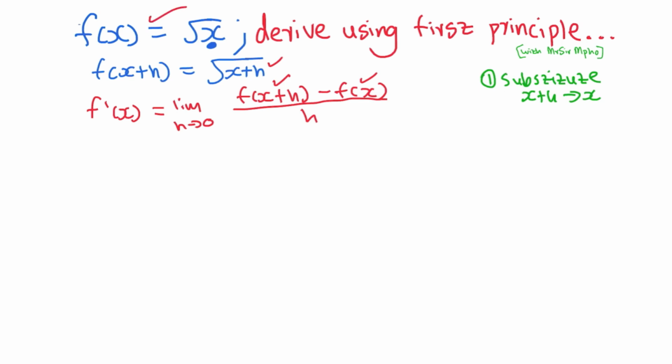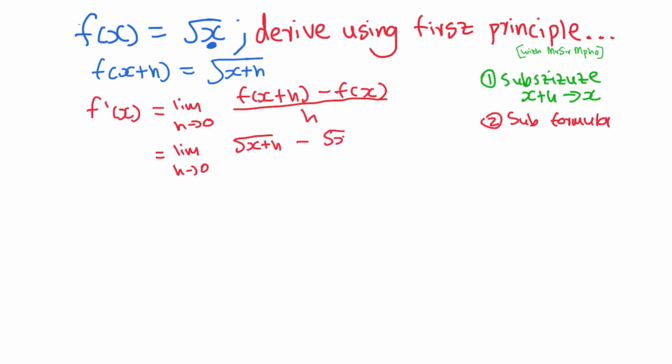I just have to substitute those again. So my second step is to substitute the formula. You're going to substitute both the equations into the formula. So I have the limit as h approaches 0. F of x plus h is what? Square root of x plus h minus square root of x, all over h, right?